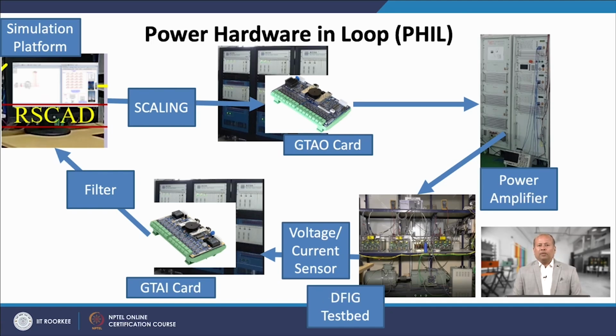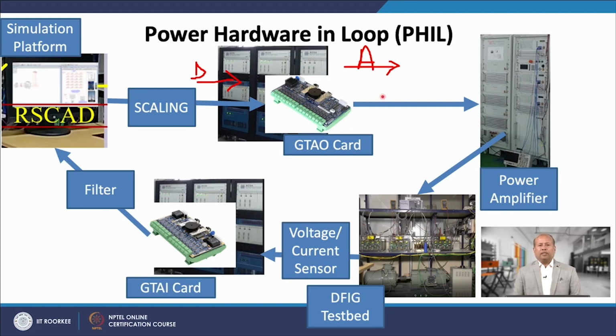Now, looking into the DFIG hardware setup, digital to analog D2A converters are used to convert the RTDS voltage or current signal into analogous signals at electronic level with a voltage range of plus or minus 10 volts and current drive in the microampere range.